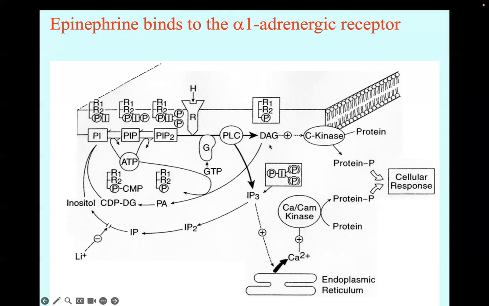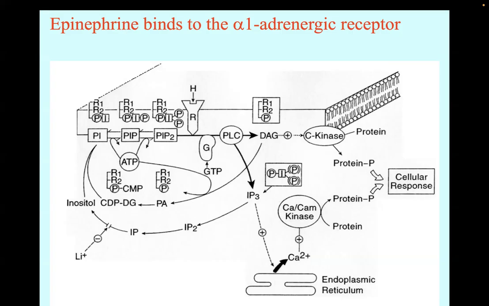What is different here from the other two that we just met is that you produce two second messengers, diacylglycerol and inositol triphosphate. Diacylglycerol activates protein kinase C, which has fast reactions and also slow reactions, meaning activation of transcription. Now, inositol triphosphate binds to its receptor on the endoplasmic reticulum.